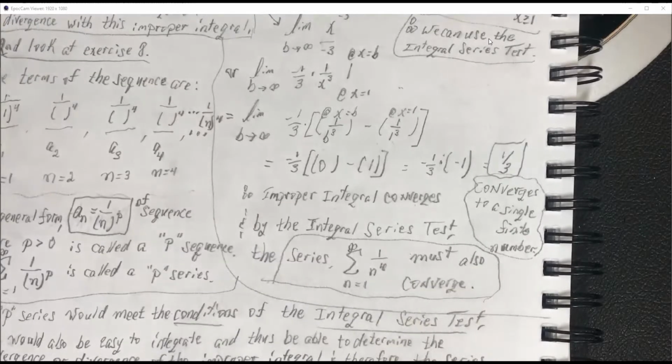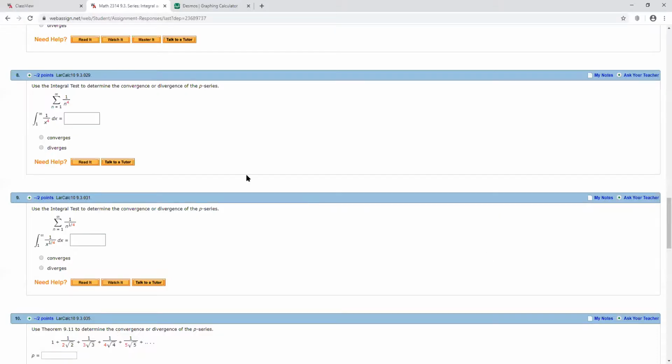So if we go back to, well, first of all, any questions on that? No. Okay, so if we would go back to WebAssign, we would be able to put here, well, here it's converges, and the improper integral converges to what?